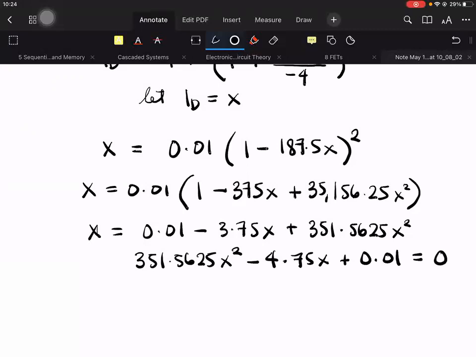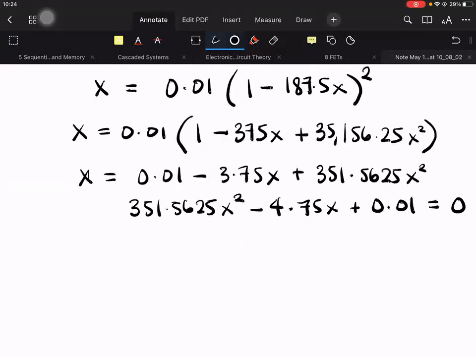So you have the freedom to use whatever methods you want. You could use your calculators directly, or you could use the quadratic formula, whatever. These are the coefficients. But if you're going to use your calculator, don't use shift solve. A warning here.